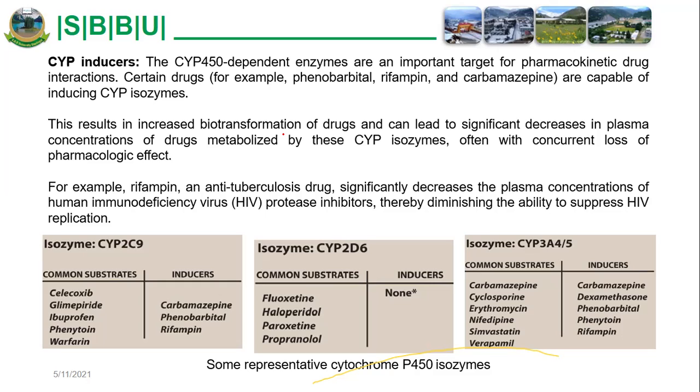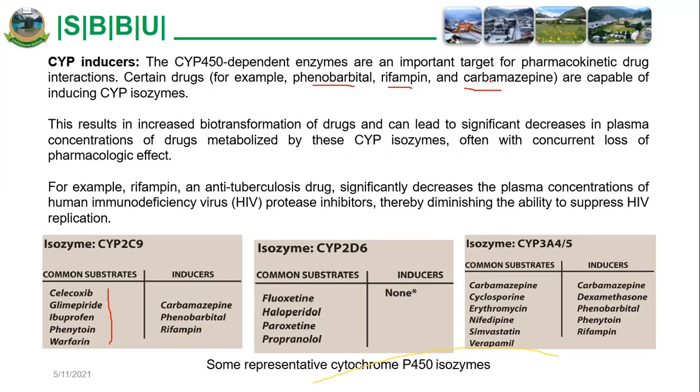This results in increased biotransformation of drugs. So if you are taking phenobarbital, rifampin, or carbamazepine along with other drugs, they may induce interactions. Drug pharmacokinetic interactions may occur, and they may increase or decrease the effects of other drugs.